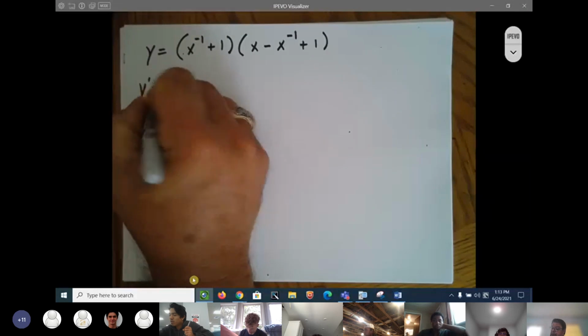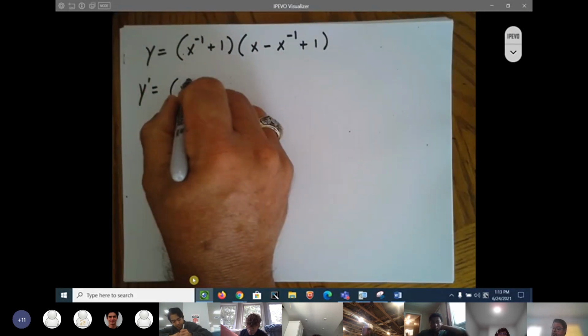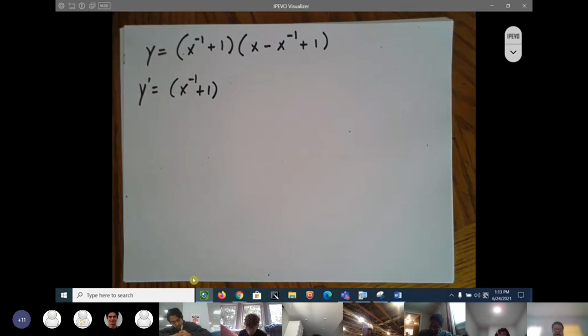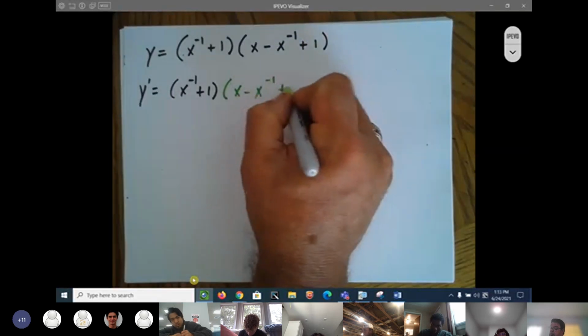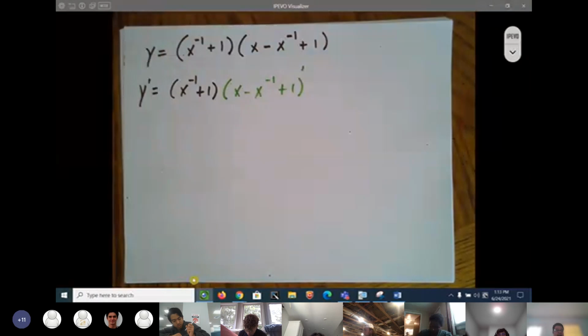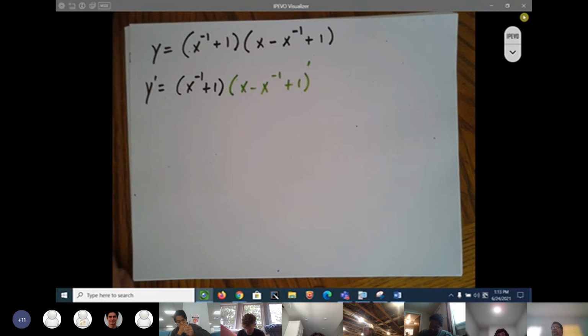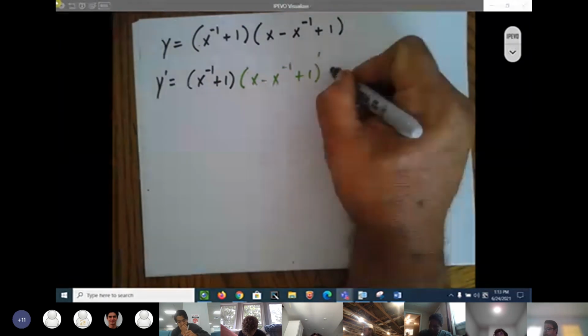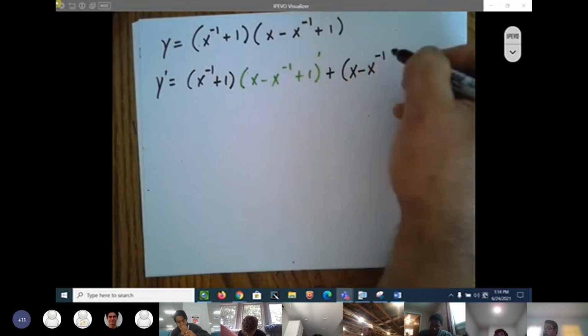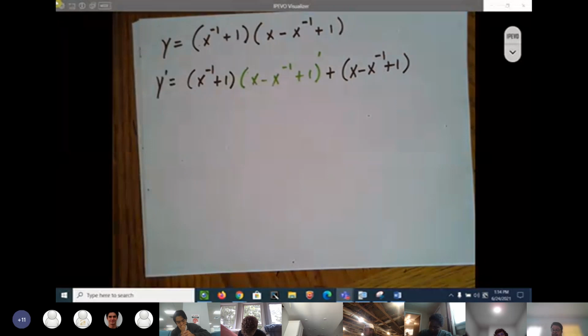Y prime is equal to the first times the derivative of the second, plus the second times the derivative of the first.